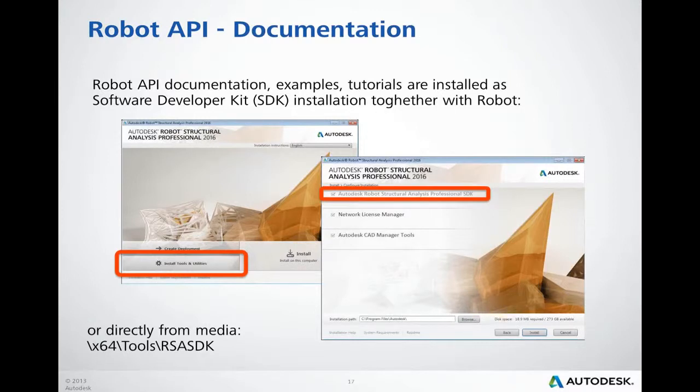Robot API documentation examples tutorials are installed as software developer kit installations together with Robot, either with Robot installation by the button Install Tools and Utilities and then selecting SDK, or it can be run directly from media from the folder shown on slide.